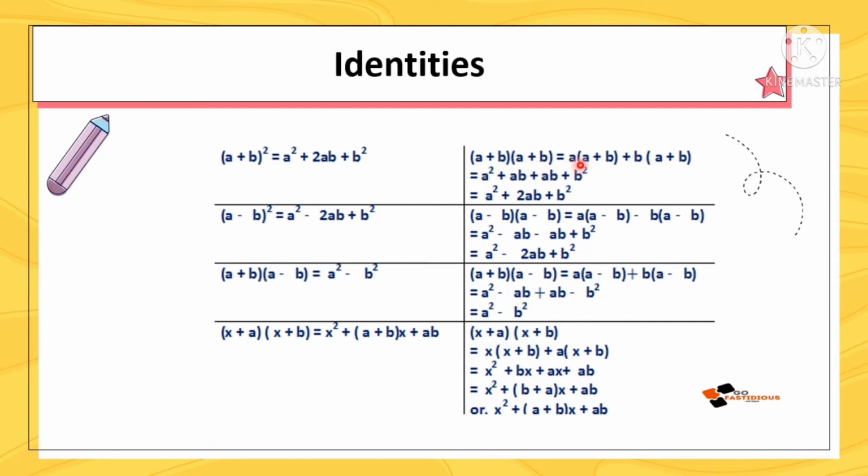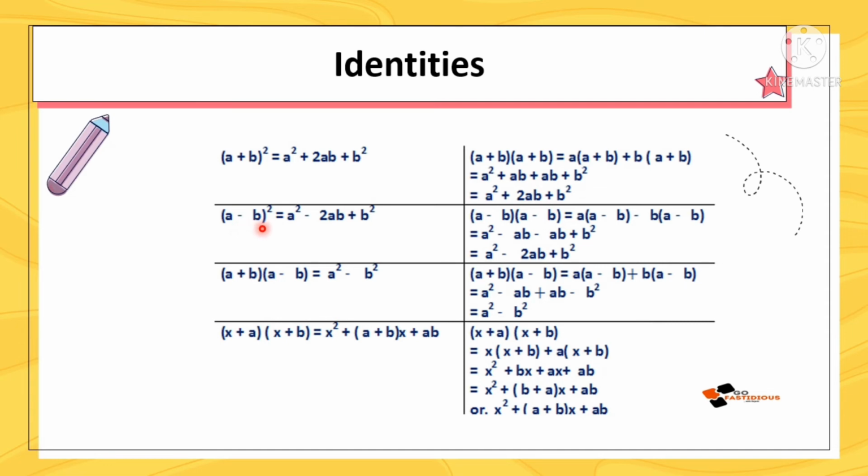So we got a into a square, a into b ab, b into a is ba or ab, and b into b is b square. So a square as it is, what is ab plus ab? 2ab, right? And then b square as it is. So look at this formula, or look at this identity. So a plus b whole square is a square plus 2ab plus b square.